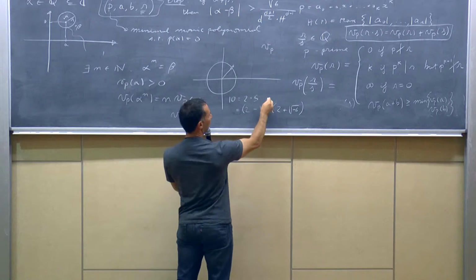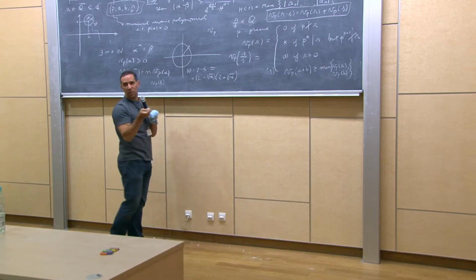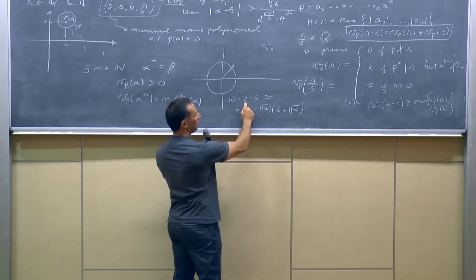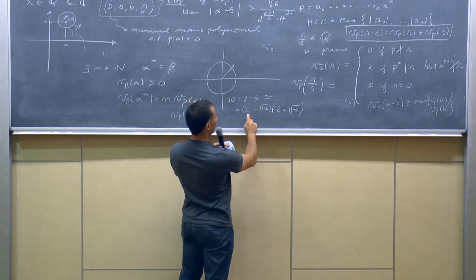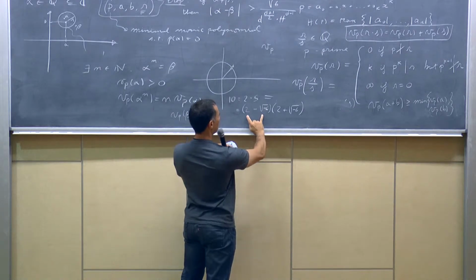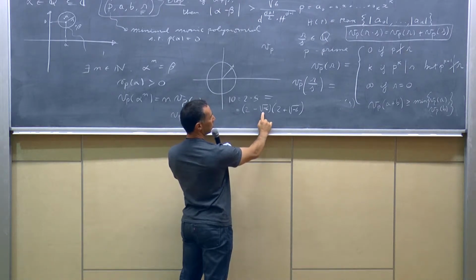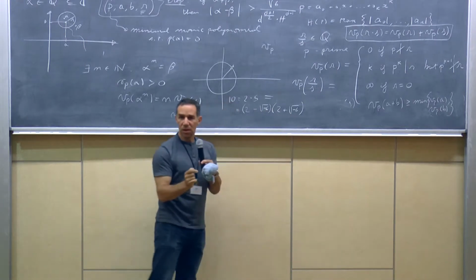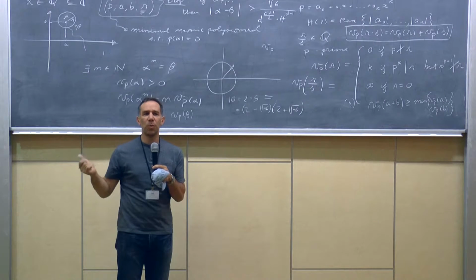So you have two factorizations for 10. Both these products give you 10.